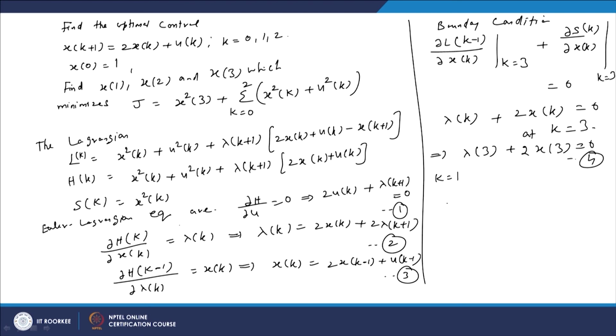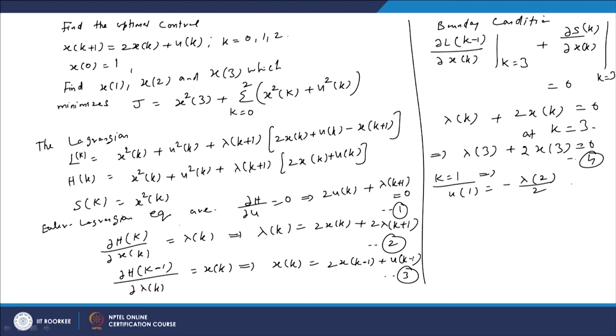Similarly, for example, if you put k equal to 1 in all these equations, that will give u. So, now wherever u comes, we can replace it with the lambda value. So, we will get u of 1 equal to minus lambda 2 by 2.